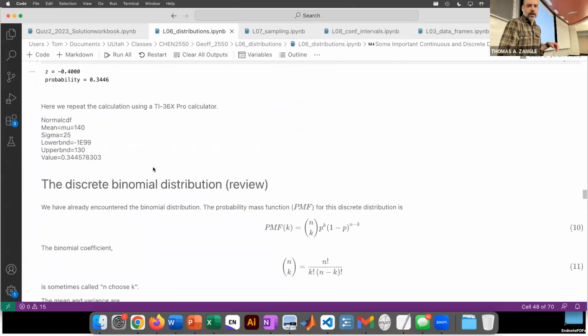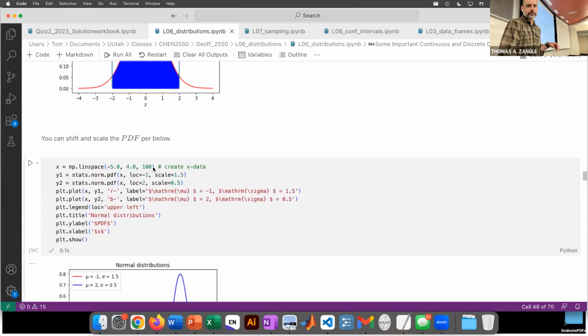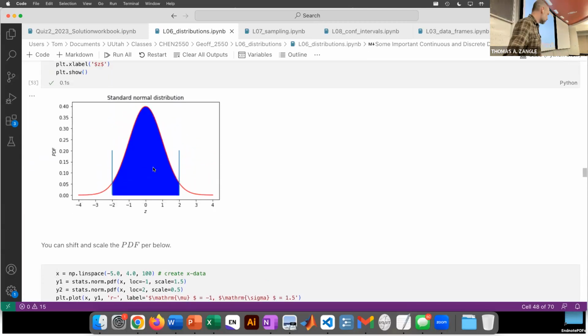If we look here at the normal distribution, which we'll be returning to when we talk about sampling, we can see that the relative probability of having a value near the mean, in this case a z-score of 0, is the highest in the normal distribution. For example, we can see how much more likely we are to get a value near the mean than we are to get a value one standard deviation away from the mean.